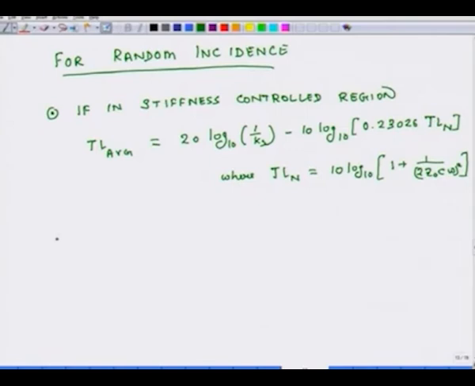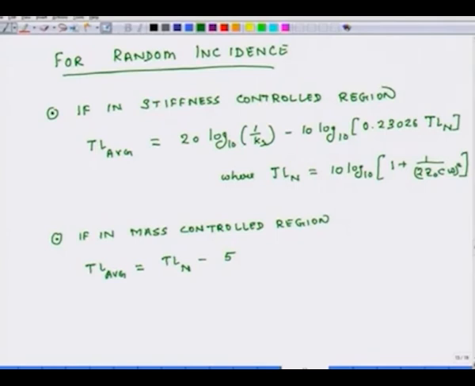The second thing is, if in the mass controlled region, then TL average equals TL normal minus 5 decibels, and this is based on experimental data.